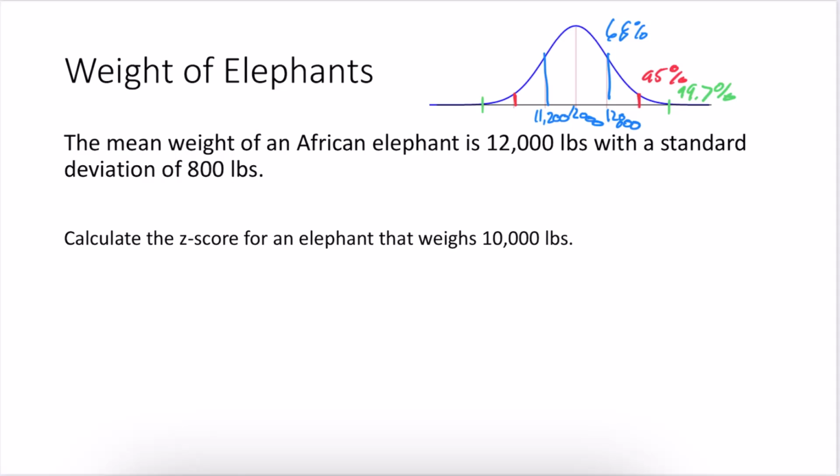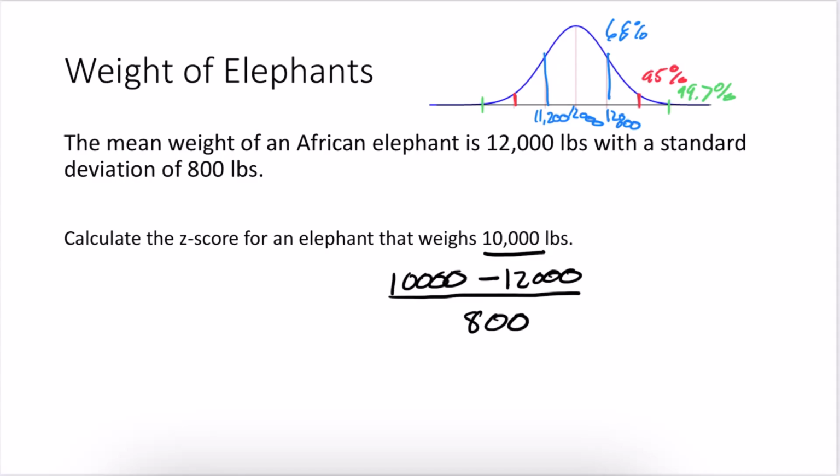So let's say, for example, that you have an elephant that weighs 10,000 pounds. Well, we know that this elephant is below average because our average is 12,000 pounds. But the question is just how far away is it? And the way we calculate it is we take our value, which is 10,000 pounds. We subtract the mean, which gives us 12,000, and then we divide by the standard deviation.